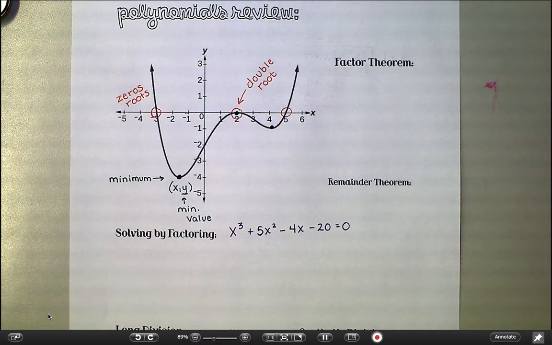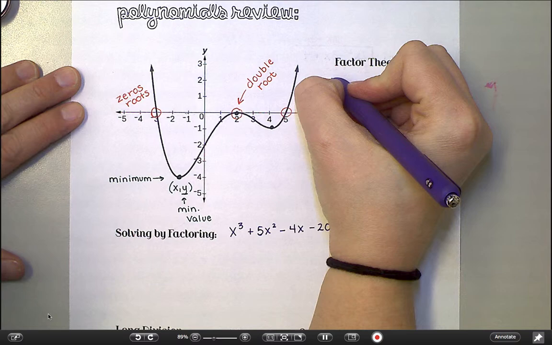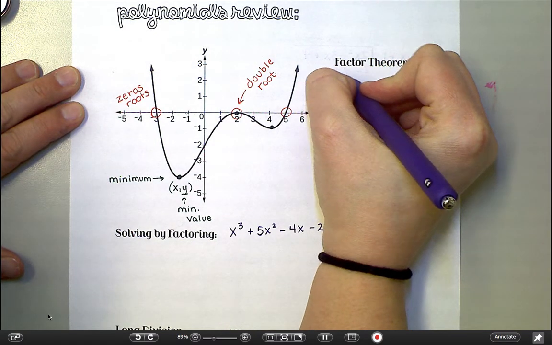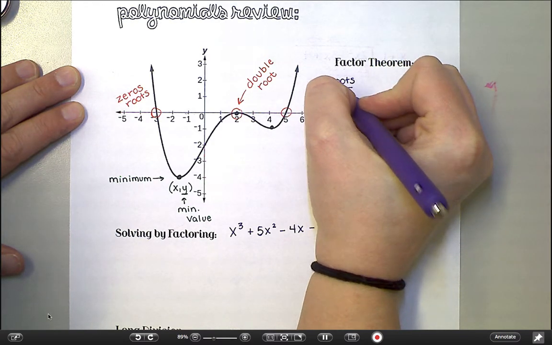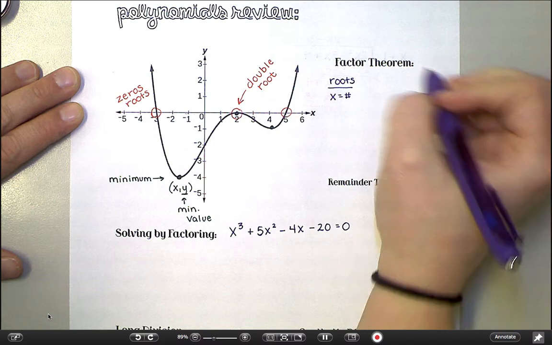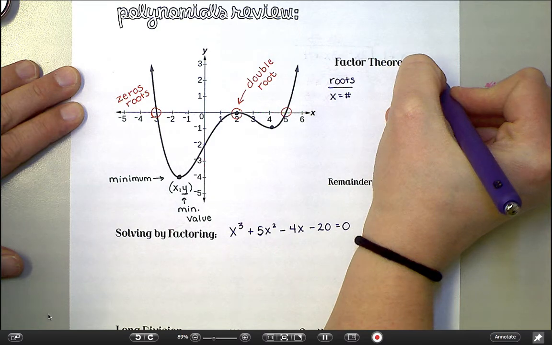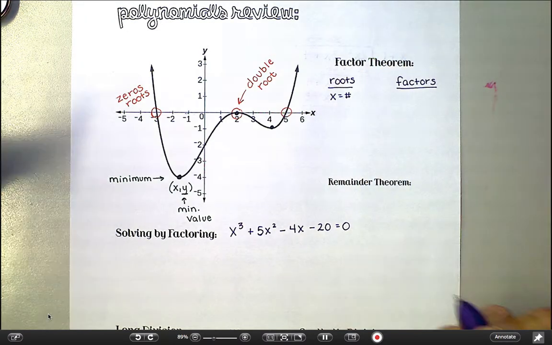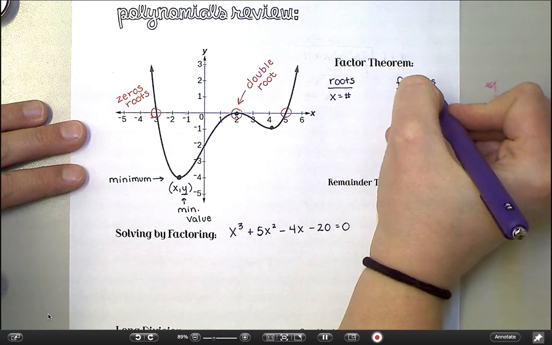Okay, and the roots are important because we have something called the factor theorem. I could write the factor theorem out in words for you, but really I just want to write the relationship that it's getting at. If you know where the roots are located, so the roots would be at x equals something, then you automatically know that one of the factors of that polynomial, and factors are things that multiply together to make something larger, would be x minus whatever the number is.